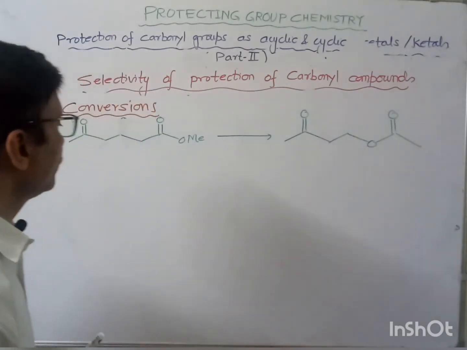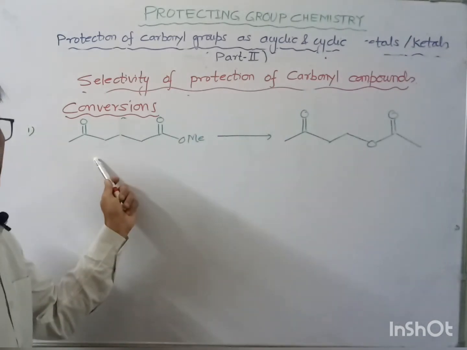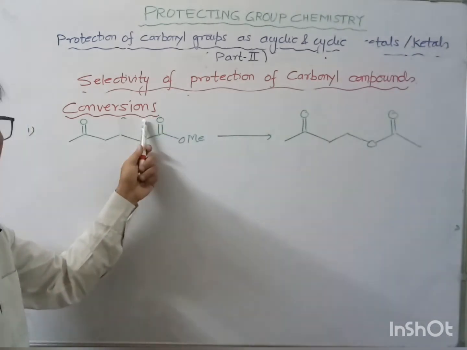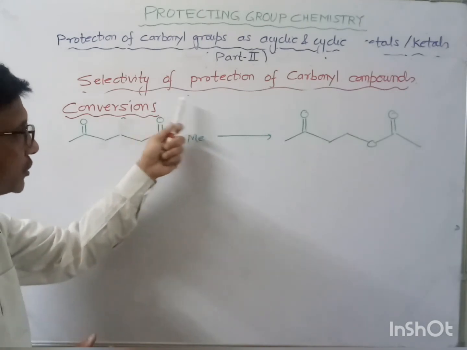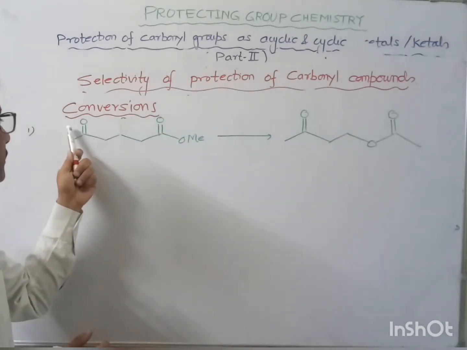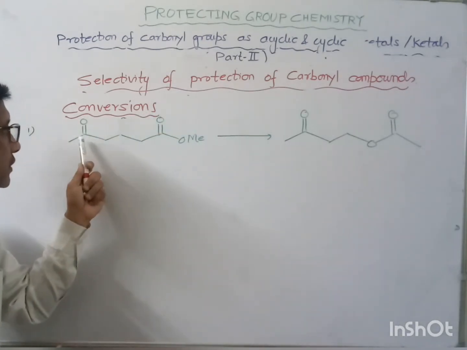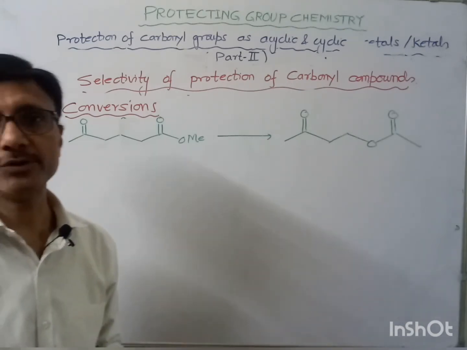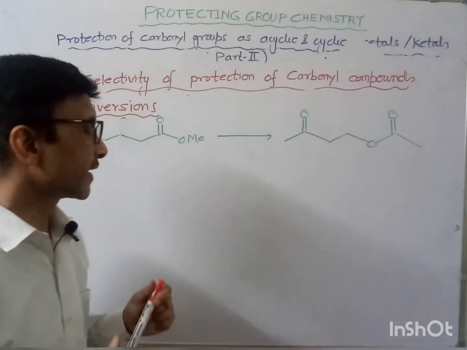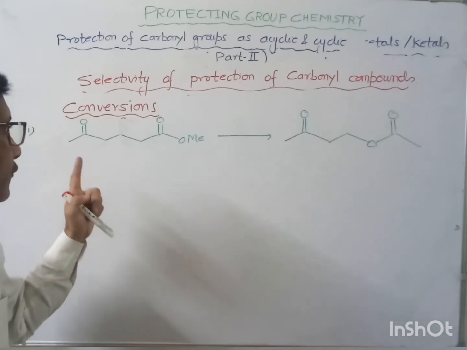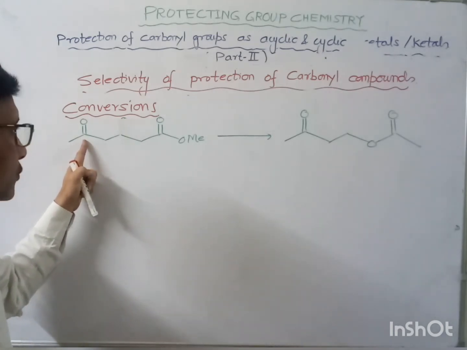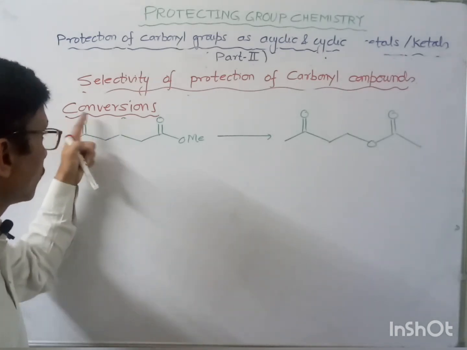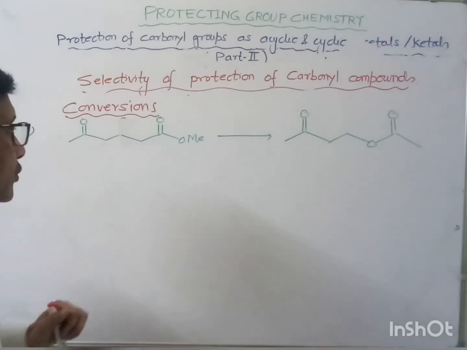Okay, so if we reduce it into the alcohol first, then this carbonyl, this keto group, will also get reduced to the secondary alcohol. So that's why first of all we should protect this carbonyl group. Being the more reactive, no doubt it will get protected.